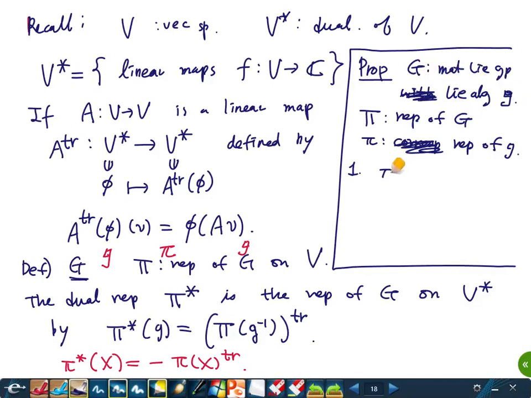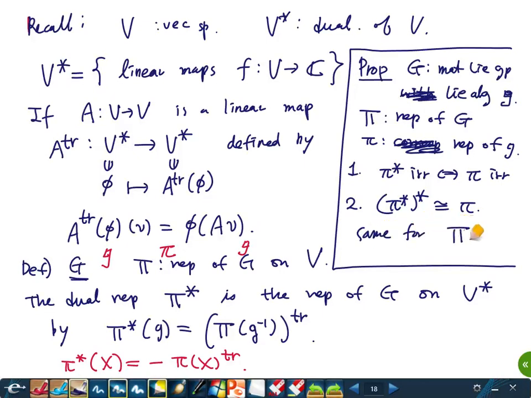So first, pi star is irreducible if and only if pi is irreducible. Second, pi star star is isomorphic to pi. So it has properties that you can expect from a dual. Or the same for this capital pi.